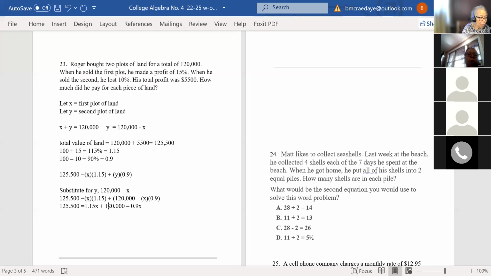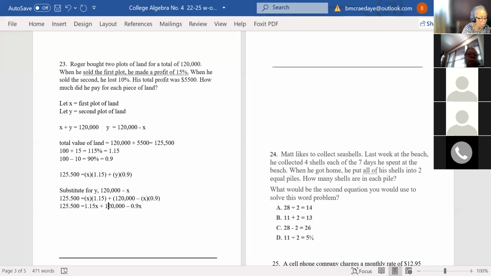Okay, so we have 1.15x plus 120,000 minus x times 0.90. So how do I solve this now?